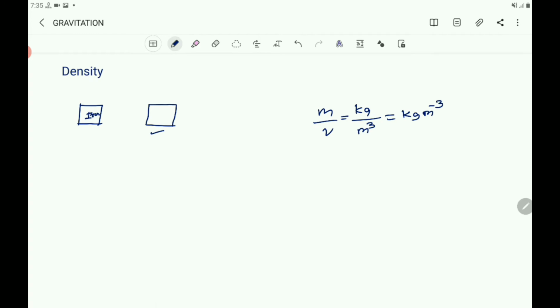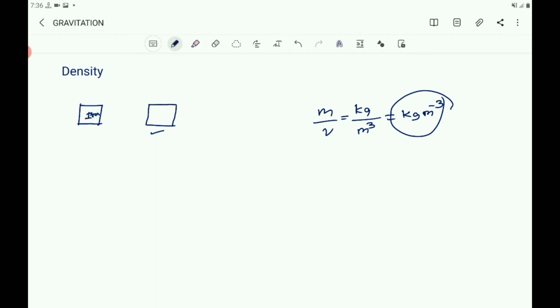The density of a given substance under specified conditions remains the same. The density of a substance is one of its characteristic properties.